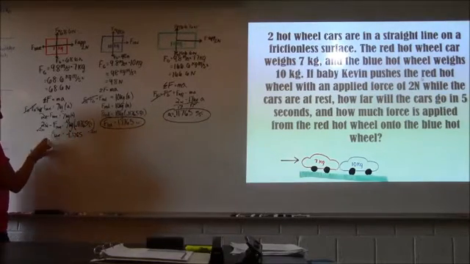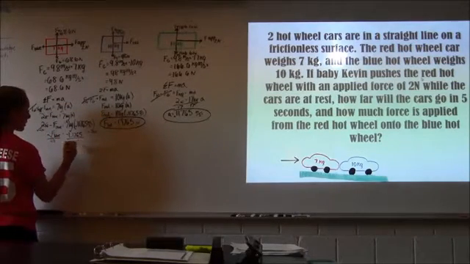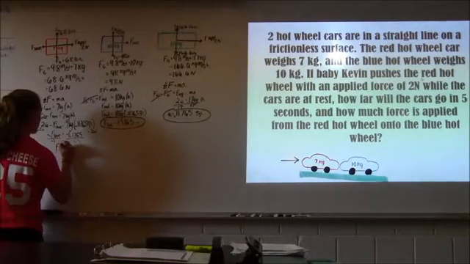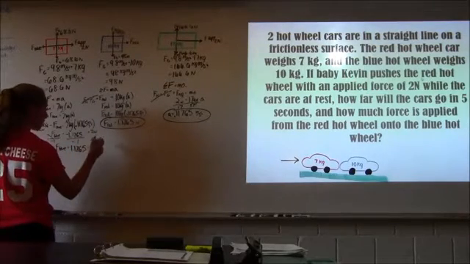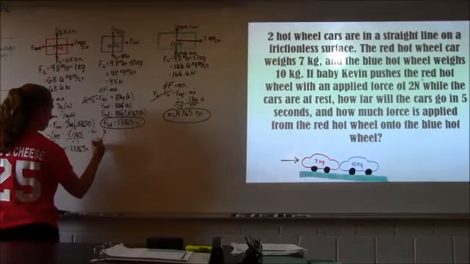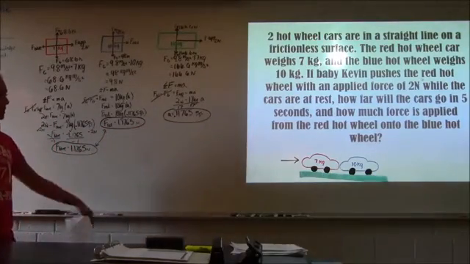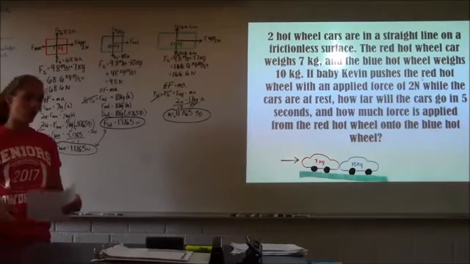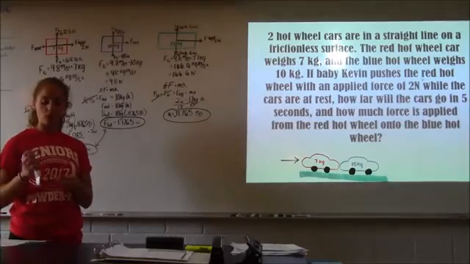Obviously you can't have a negative value of force, so if you divide both sides by negative 1, you get the force of the blue on the red to be the exact same number as here. That solves the first half of the problem, but now we need to find how far the car will go in 5 seconds, which Alyssa will show you how to do right now.